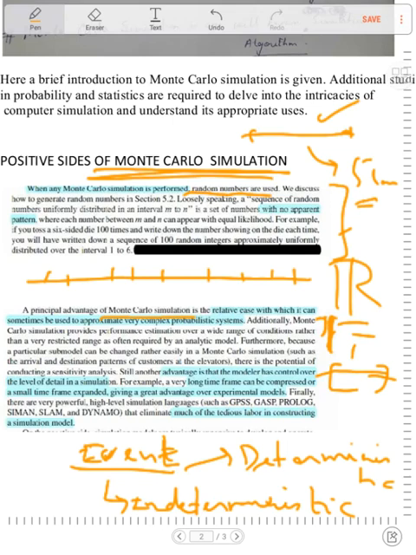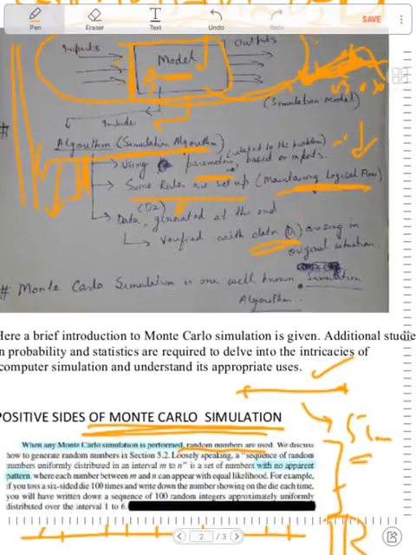Another thing is that you can control a submodel. A particular submodel can be changed rather easily in a Monte Carlo simulation. That means whenever we are thinking about the whole model, it may be broken into submodels, quite obviously, depending on the level of complication. Suppose I have divided it into 5 submodels, and suddenly after doing the third or fourth submodel, I observed that I need to modify my first submodel to some extent.